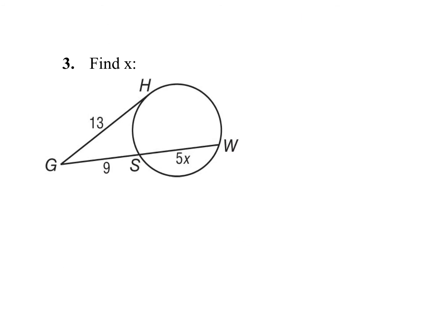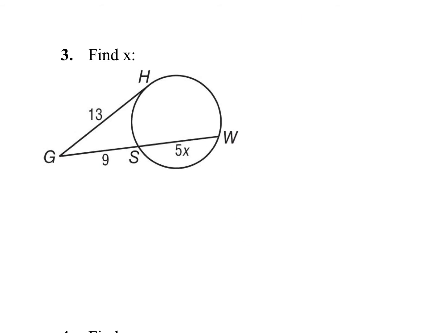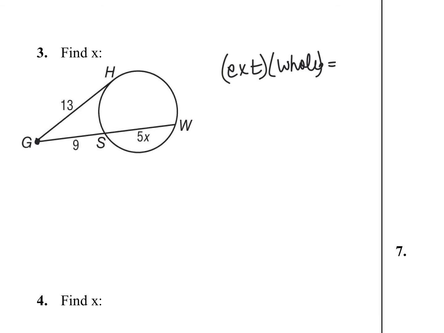Okay, on this one, we have it intersecting outside the circle. So we're going to do the exterior times the whole thing equals the exterior times the whole thing.